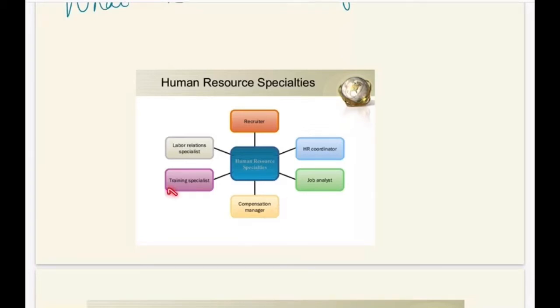And if you have the skill to train people, transform people, then you can be a training specialist. And if you are able to liaise between people and maintain good relationships, then you can be a labor relations specialist.